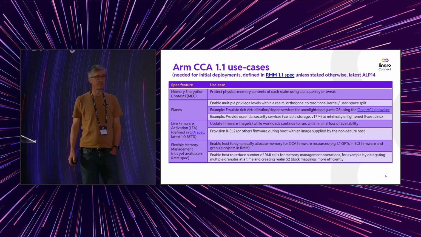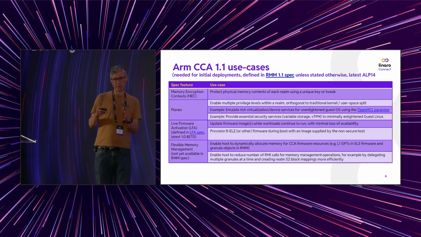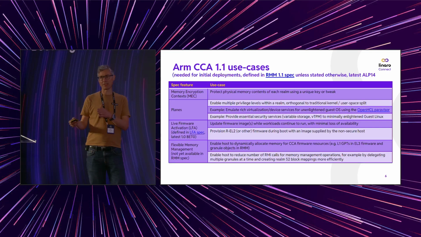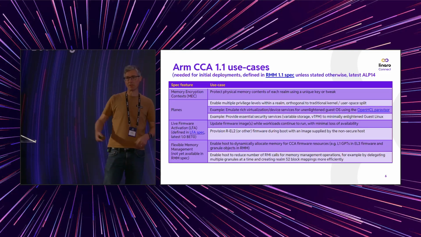Memory encryption context is one, which allows each realm to be encrypted with its own unique key or tweak, rather than the entire realm physical address space encrypted with a single key. Planes is another one, which allows multiple privilege levels within a realm, with lightweight switching between those privilege levels. They all share the same page tables, but with different overlays of memory protections.